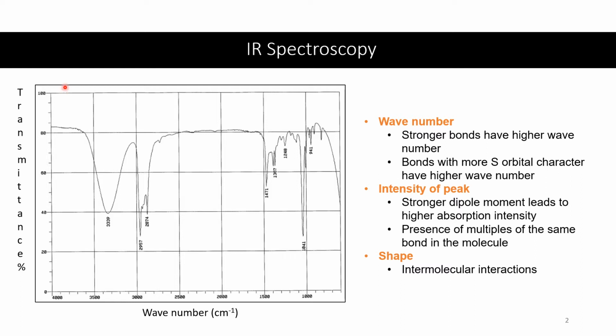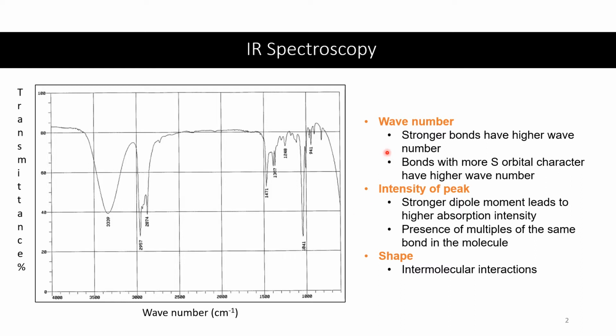Let's quickly remind ourselves of the IR spectroscopy technique. So when we looked at a spectrum, we had 3 different properties that allow us to distinguish different kinds of bonds. So we had wave number, intensity of peak, and shape of peak. For wave number, we learned that stronger bonds would have a higher wave number.